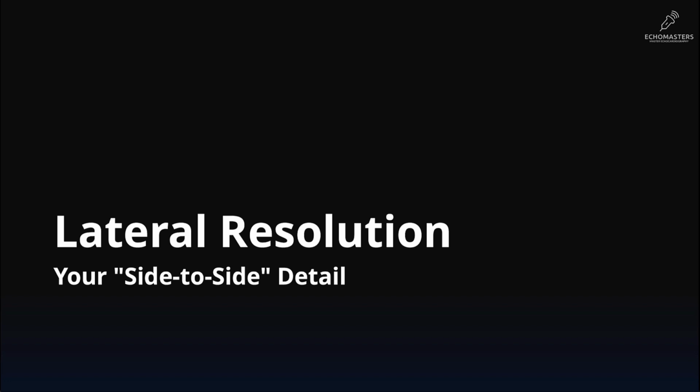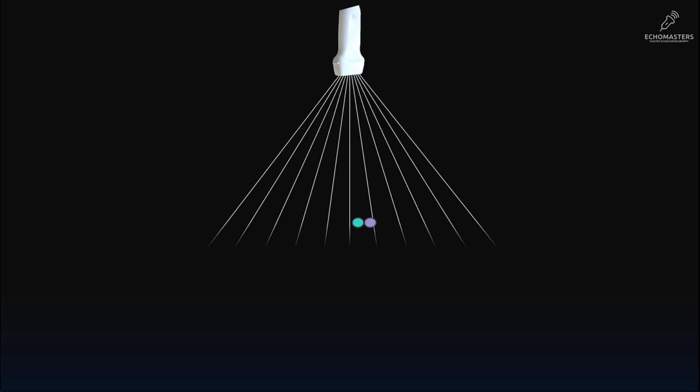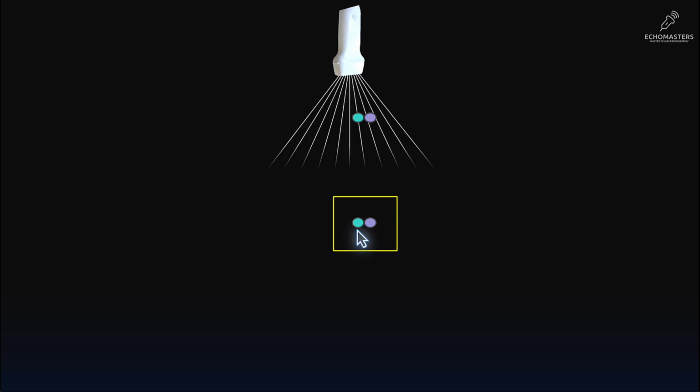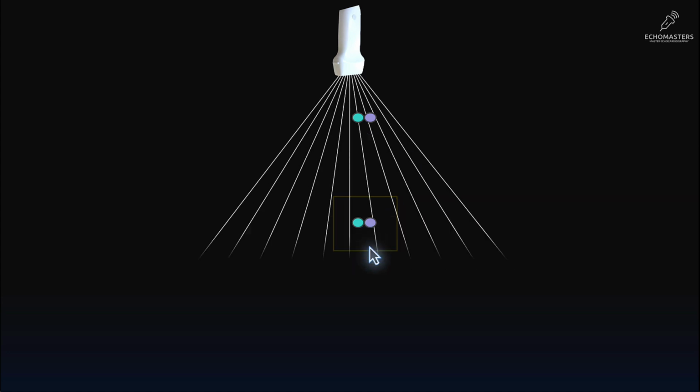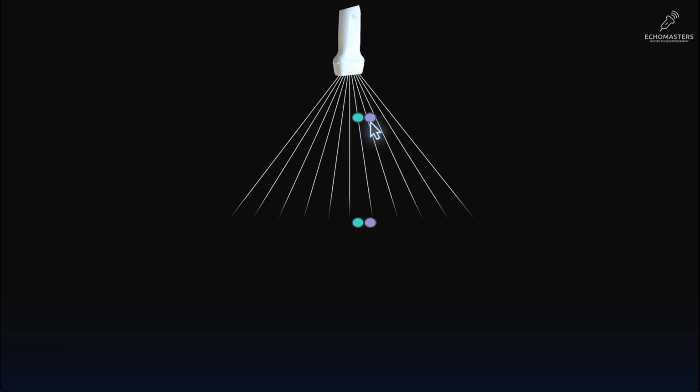Lateral resolution is your ability to distinguish two objects that are side by side. This is determined by the density of your scan lines. In the far field, as you can see here, these two objects wouldn't be displayed as two objects because the machine doesn't cover them with multiple scan lines. However, in the near field, the machine would be able to differentiate between two objects because they are covered by multiple scan lines.